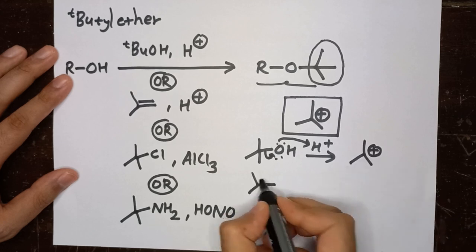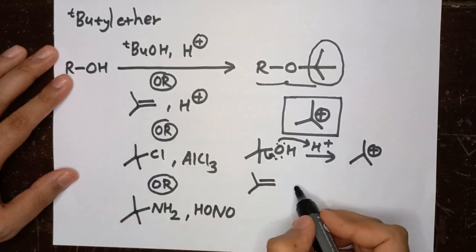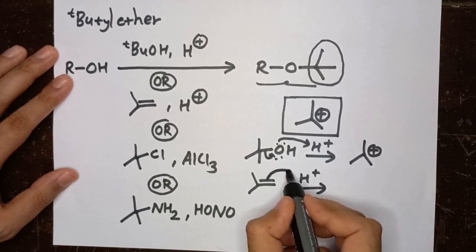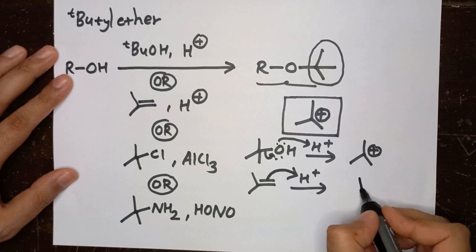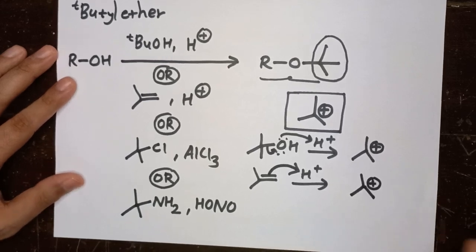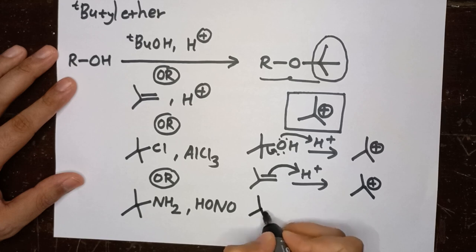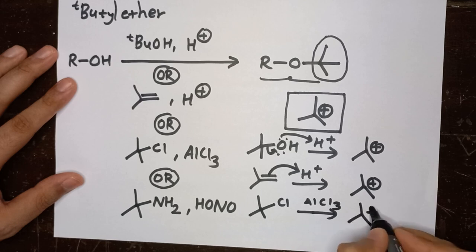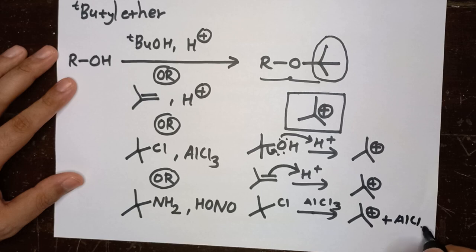Similarly, if I take this alkene, the second reagent, under acidic media, this double bond will grab this proton and generate the same carbocation. Similarly, if I use this haloalkane in presence of Lewis acid AlCl3, I get the similar product, and the byproduct is AlCl4 minus.